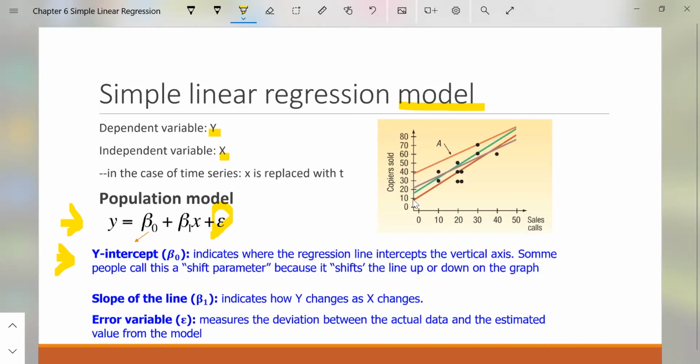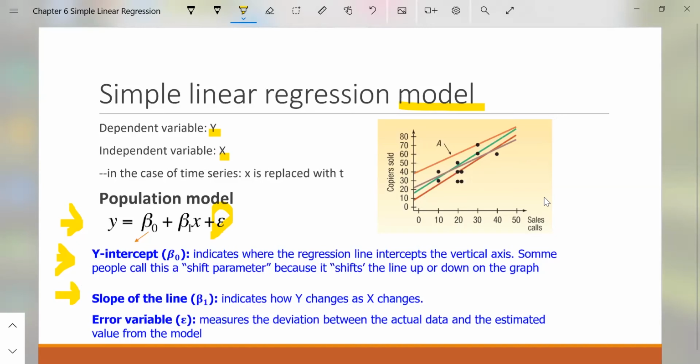Of course, the higher beta 0, the higher the line will intercept with the y-axis. And beta 1 is called the slope coefficient. It's basically the slope of the line, and it indicates whether the line is steep or it is flat. It also tells us how y will change as x changes.